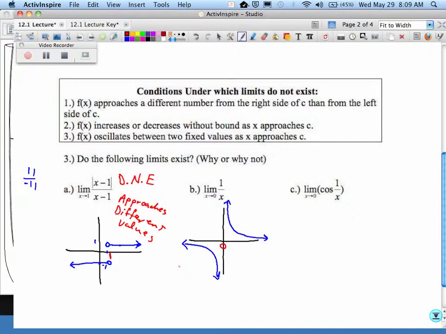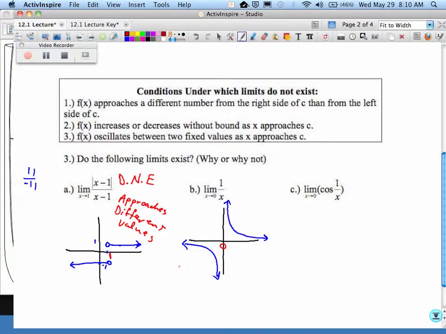It's getting really big. When it gets close to 0, it starts to explode in the upward direction. And as you come in from the negative, left-hand side, it explodes down in the negative direction. So my values are definitely going to two different locations. Rule number 2 is that it increases or decreases without bound on both sides of that particular limit.